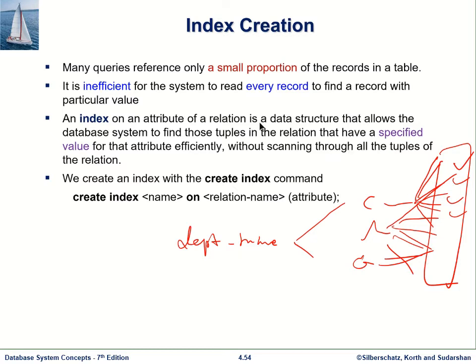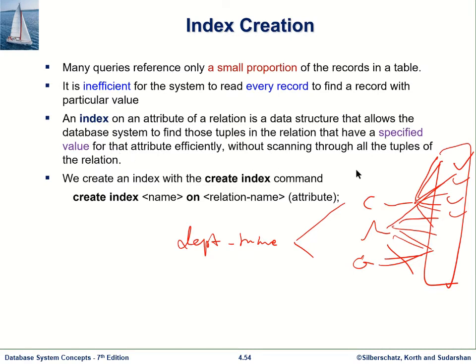That means we apply the indexing on an attribute, maybe it is possible to be an attribute list as well. So here is just one example. Of course, an index can be performed on a list of attributes. So we list the attributes in this set. An index on an attribute of a relation is a data structure that allows the database system to find those tuples in the relation that have a specified value.